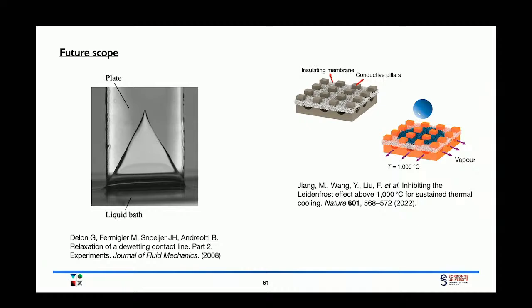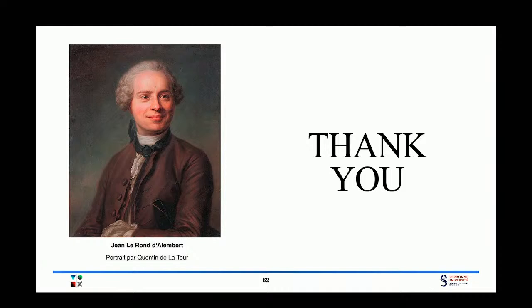So these types of surfaces can push the Leidenfrost temperature much beyond its usual value for water, which is around 500 degrees, to some 1000 degrees. So extending our contact line models by adding boiling to them and studying this boiling in porous media is also a possible future scope. And I thank you all for your attention.